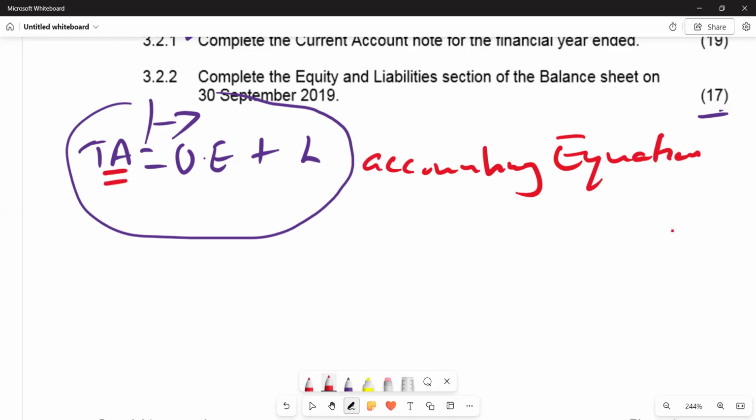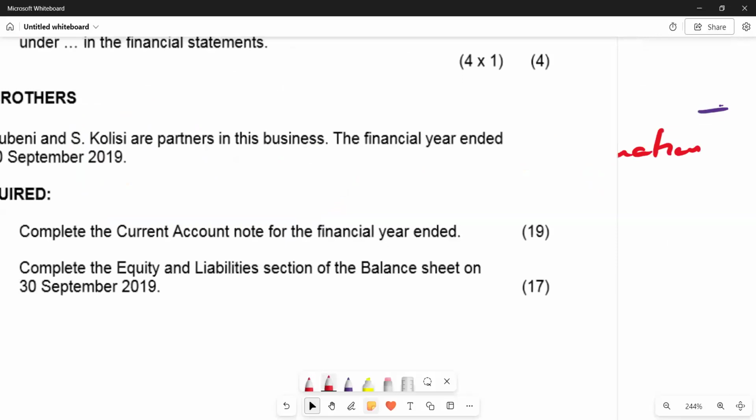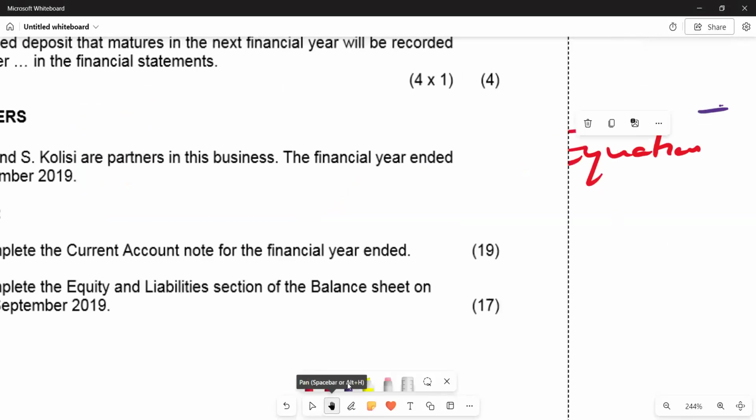So the figure for total assets will be the same as the figure we have for owner's equity plus liabilities.